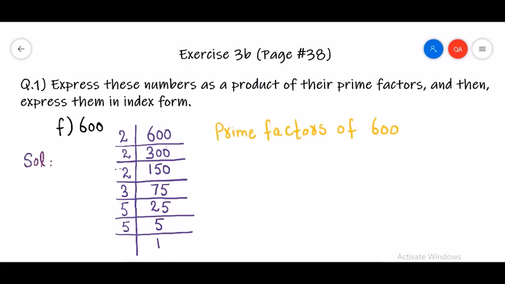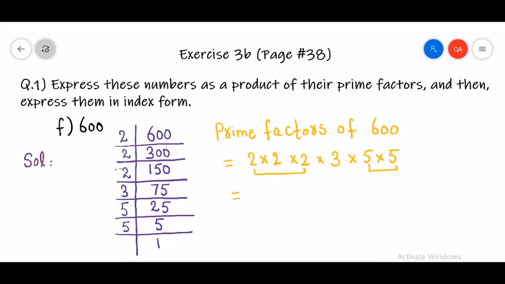So the prime factors of 600 will be 2 multiplied by 2, multiplied by 2, multiplied by 3, multiplied by 5 and multiplied by 5. Here we have 2 three times, 3 one time and 5 two times.